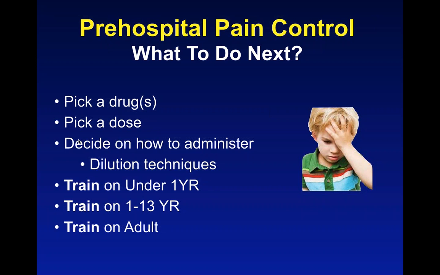Then decide on how to administer it, whether you're going to do it IV, IM, IN, or all of those. And then how are you going to dilute it? Once you've determined this and you have a policy, or maybe policy is not the right word, but a way of doing this, then you start training with it.